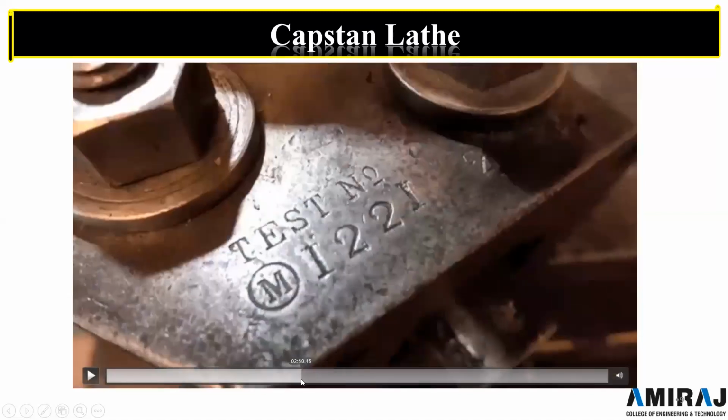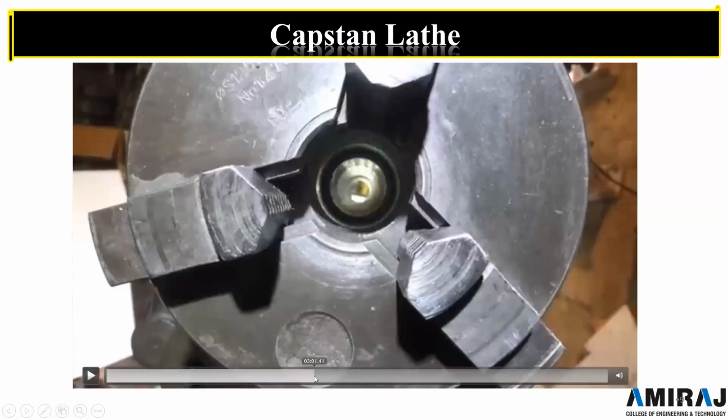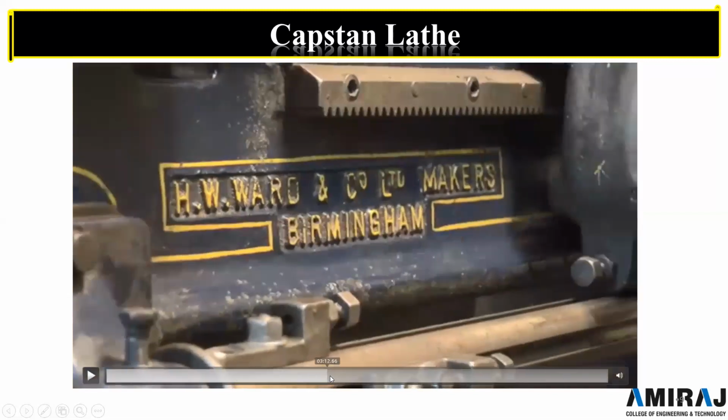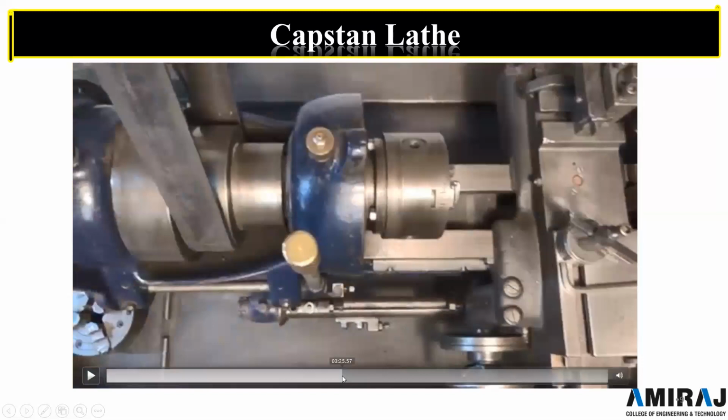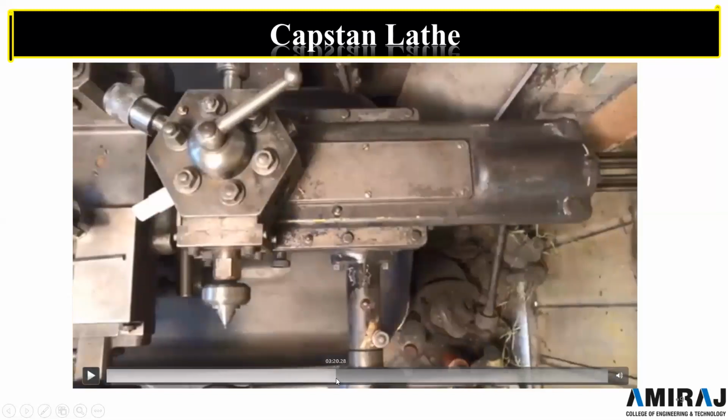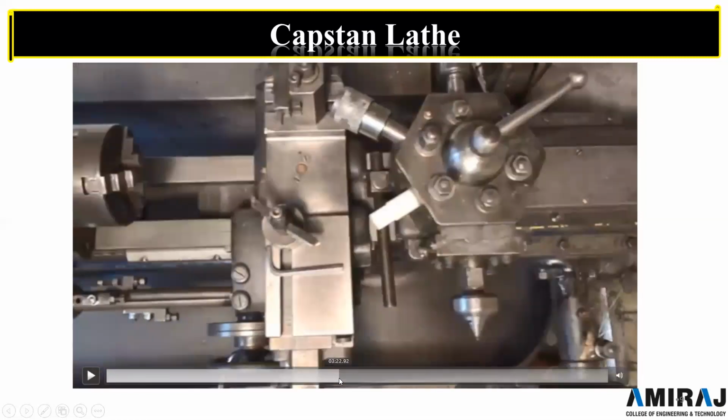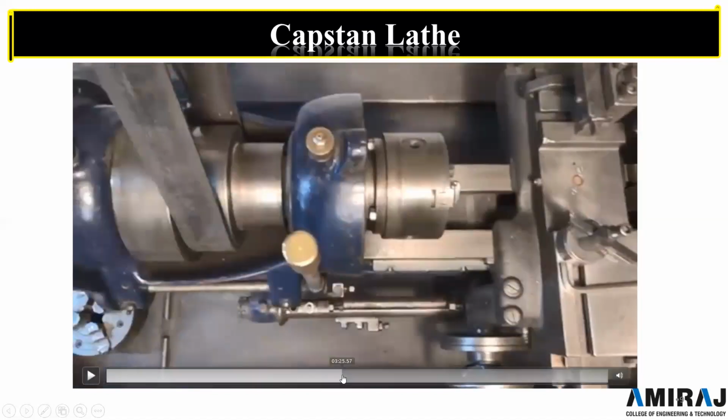Then there is the chuck and other parts. This is the complete machine. You can see the top portion, the ram, the hexagonal turret. Then this is our cross slide or the saddle portion. Then we will move further. This is the belt driven type of chuck.